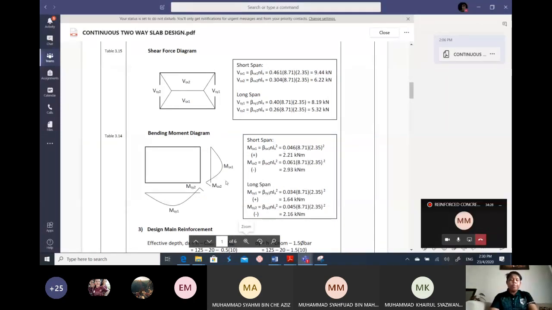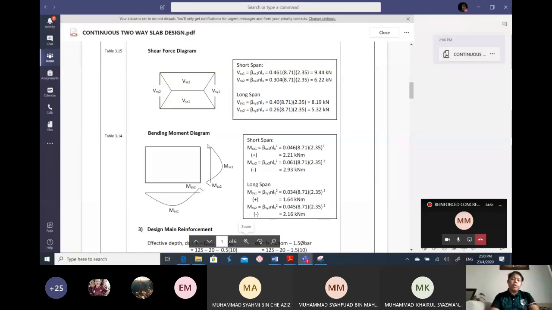So the moment MSX1, for the short span, yang ini tak ada berubah macam shear force; X is still the short span, Y is still the long span for bending moment. MSX1 is at the midspan, MSX2 at the support. But why is there only a value at this support? Tak ada dekat support sini.